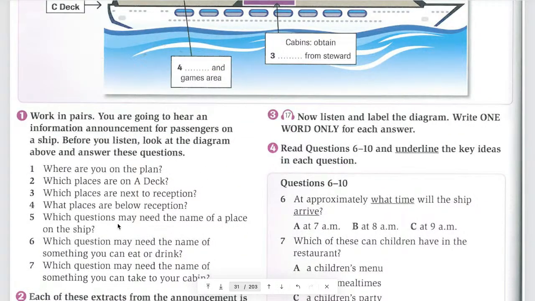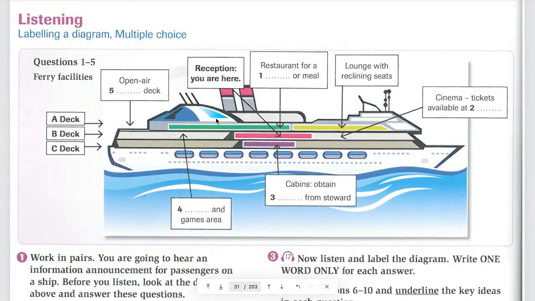Which questions may need the name of a place on the ship? For example, number 1, you see restaurant for something or meal. Do we need the name of a place there? Restaurants for, do you see the word meal? And you see the word or.